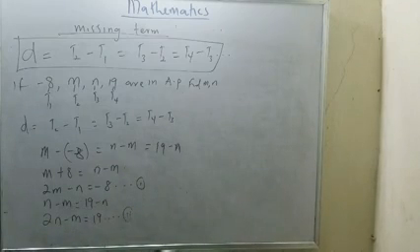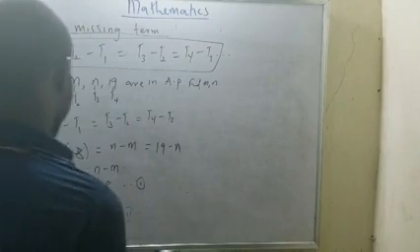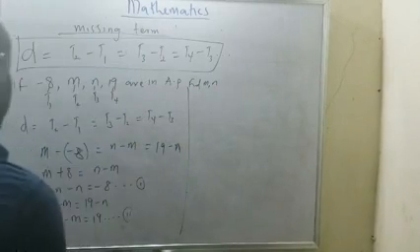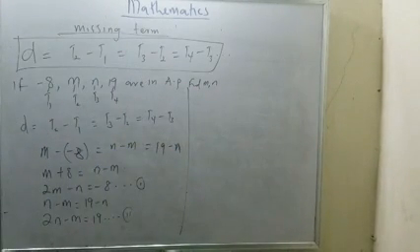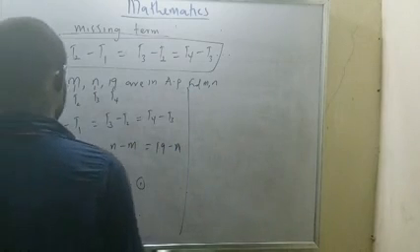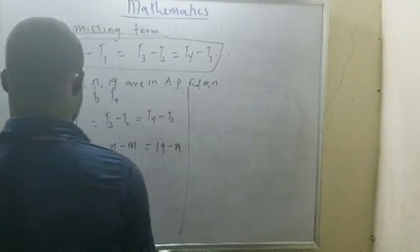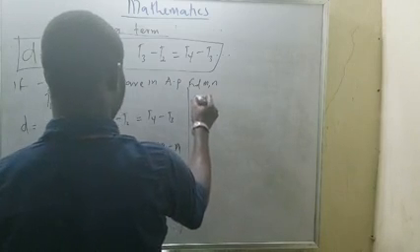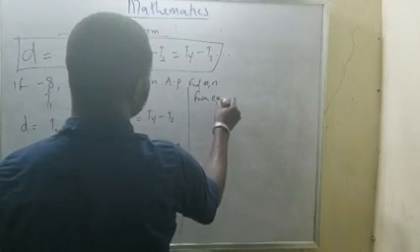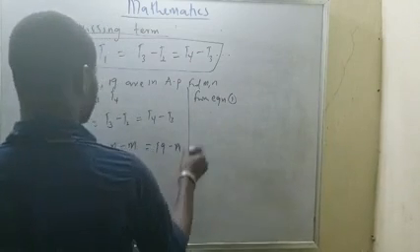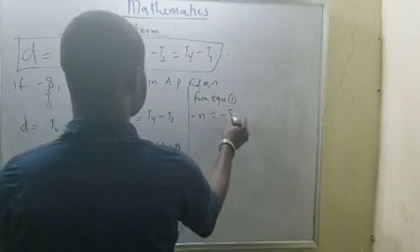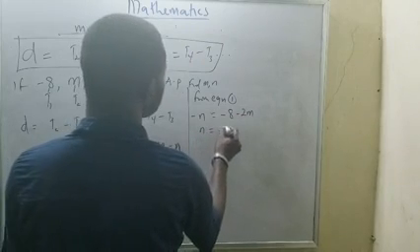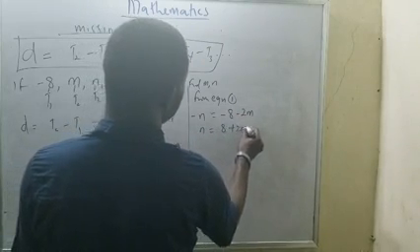Since I have it this way, I can continue with whichever is convenient for me. Should I use the substitution method? Let me use the substitution method. From equation 1, I can see that n equals 8 plus 2m.